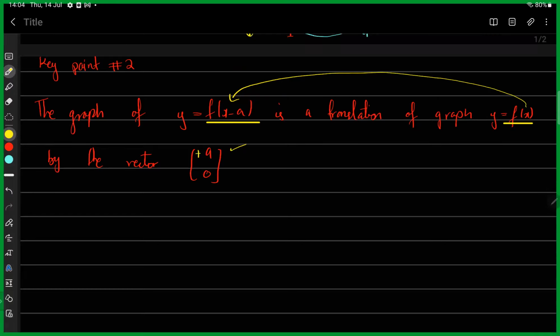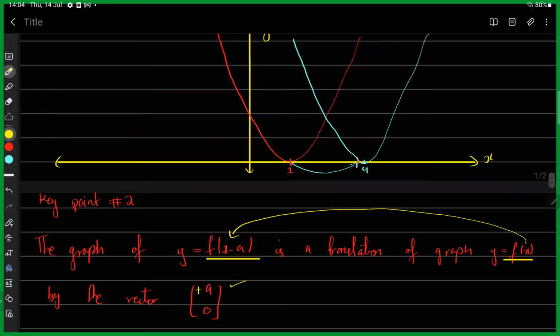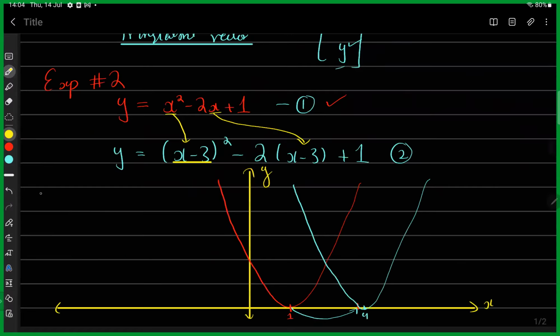Now imagine if we had positive 3. Let me just write down one last scenario: (x plus 3) squared minus 2(x plus 3) plus 1. Now you would know that when it was minus 3, the graph shifted towards the right side, it's 1, so it would basically come to 1, 0, minus 1 and we have minus 2.